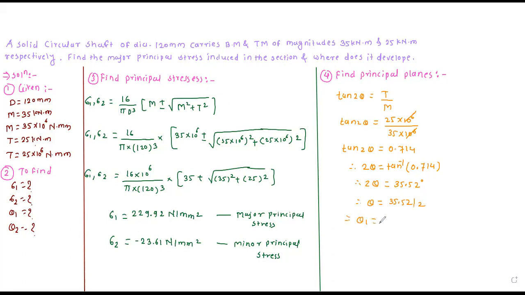So theta 1 equals how much? 17.76 degree.